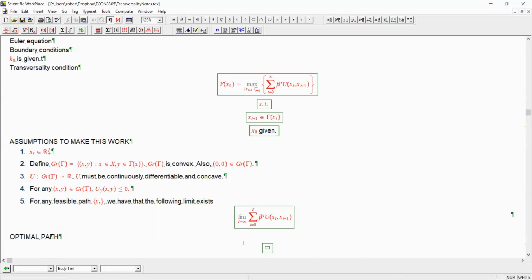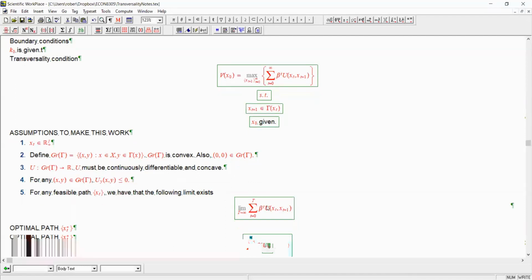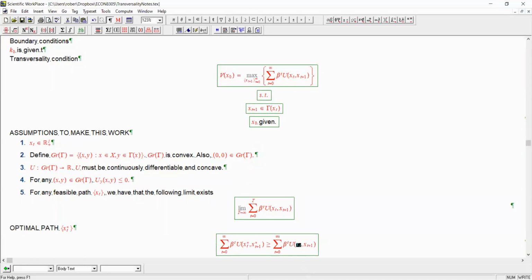An optimal path is defined as some sequence xt star, and naturally it is very simply that the discounted utility from the optimal path must be greater than or equal to the discounted utility from any other path, where xt here could be any other feasible path.